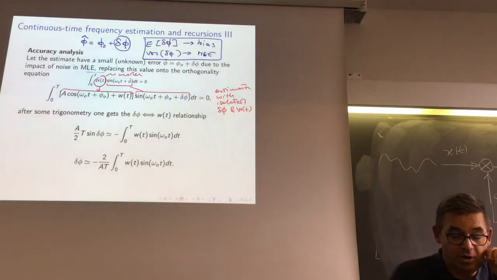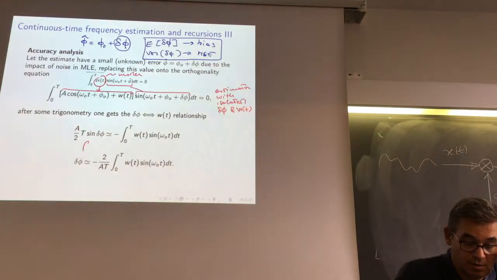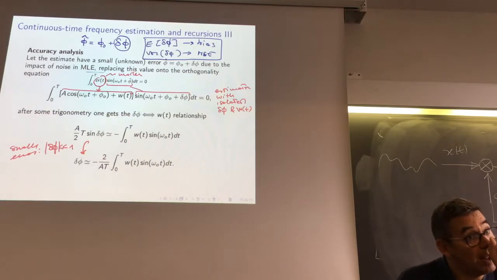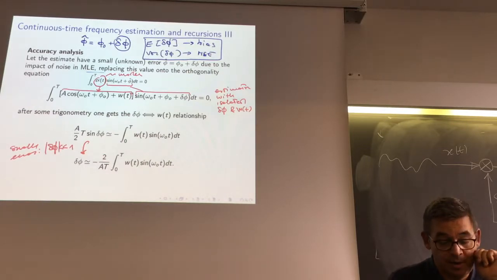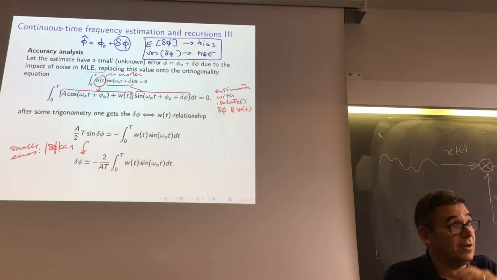So, if delta phi is very small, for small error, we make a small error analysis, and I get this delta phi approximately equal to that. Now I'm ready to compute the metric.